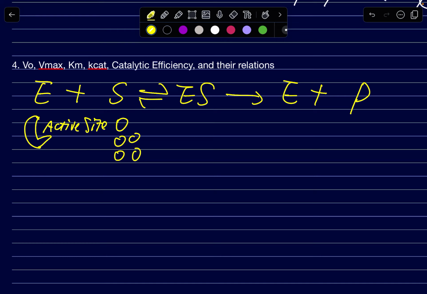When the enzyme substrate complex is formed, it will give us back the enzyme, and the product doesn't necessarily have to be a circle. It can be a totally different compound, due to the reaction that happens during this step.